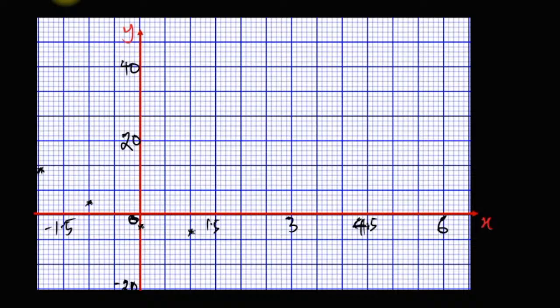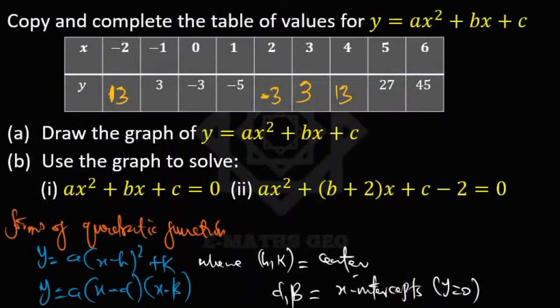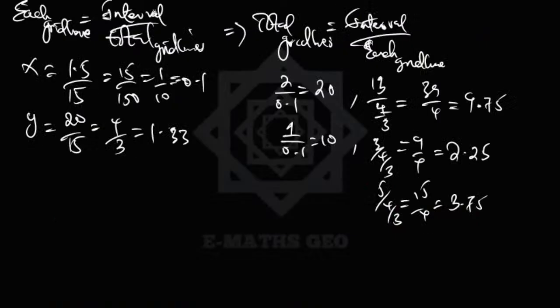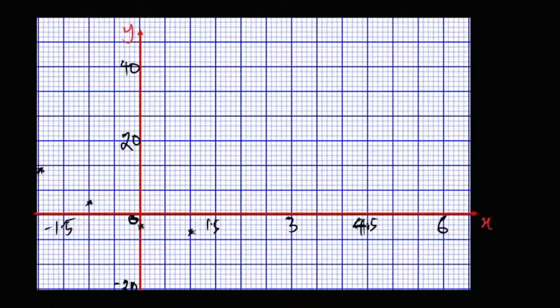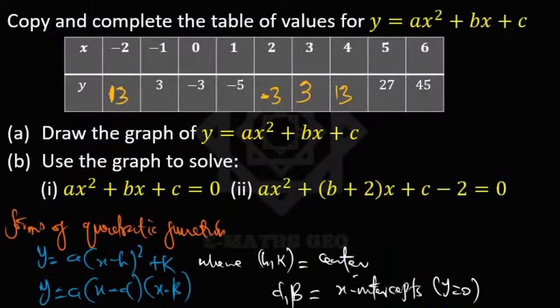Okay, so the next one is 2, minus 3. So 2, we've done, how many grid lines? 20. And we've also done 3, so it makes it easy. 2, minus 3, so downward.